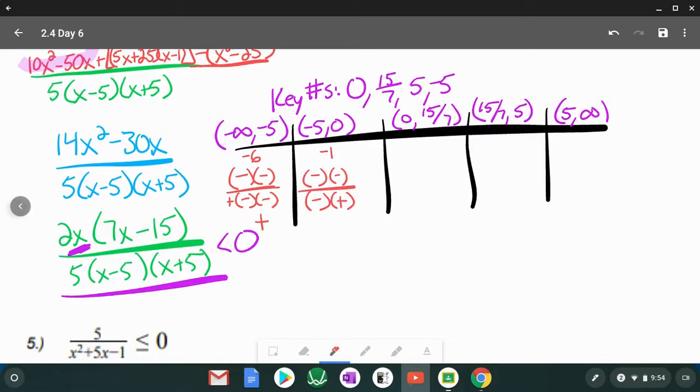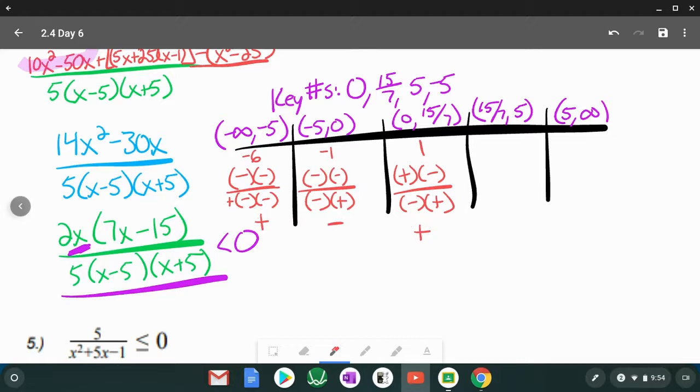So that would be a negative number. And then you could plug in 1, which would be a positive times a negative, divided by a negative and a positive. So that would be a positive.